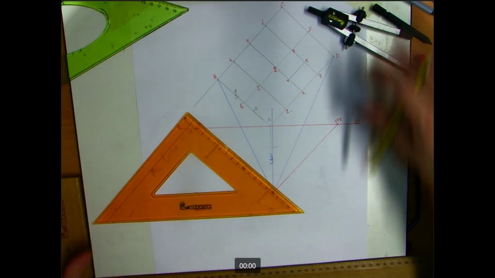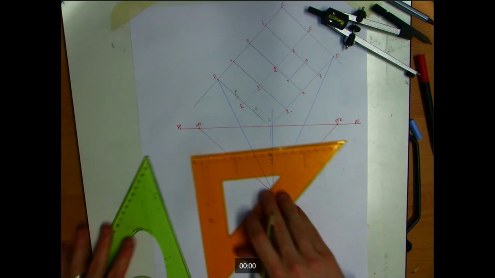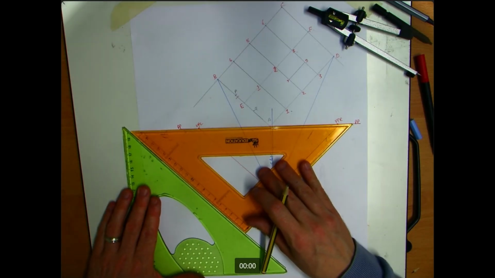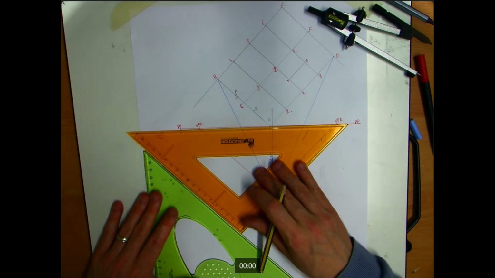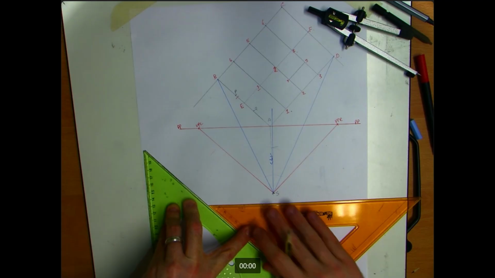Now, what you can do is untape the sheet and draw your horizon line and ground line in a parallel position, but I'm just going to use slide and set square here for now.